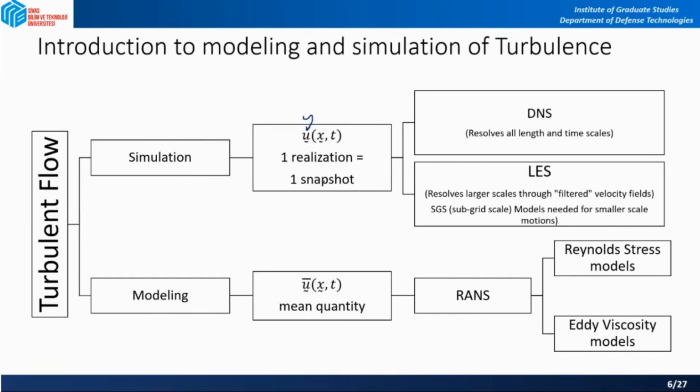This is what you have to do for DNS and LES. But for RANS, as you see here, it belongs to modeling. For RANS simulations, the solution that you are getting directly is already the average, regardless of being steady or unsteady.